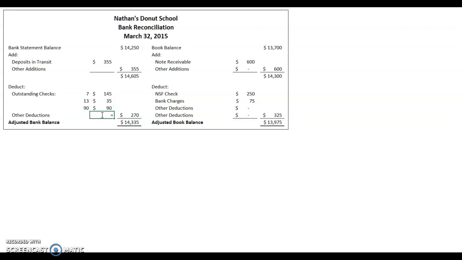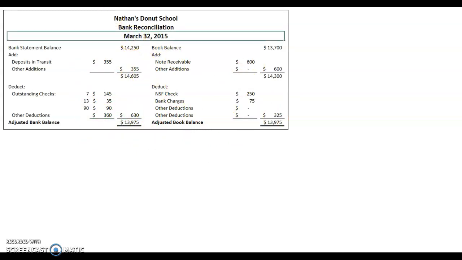So you would go back and check and make sure that everything is in the right spot. And once your ending or adjusted bank balance ties with your adjusted book balance, you can be fairly certain that you've picked up all the issues and have them recorded in the proper place on your bank reconciliation.